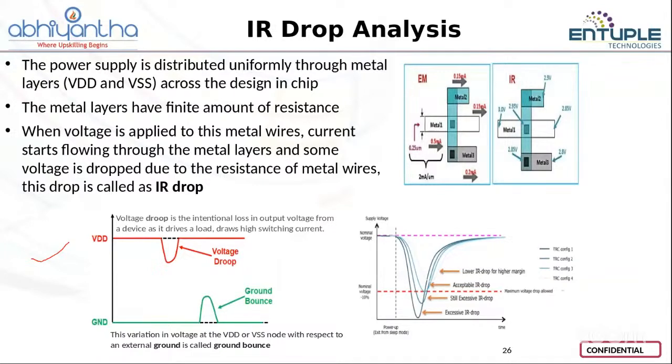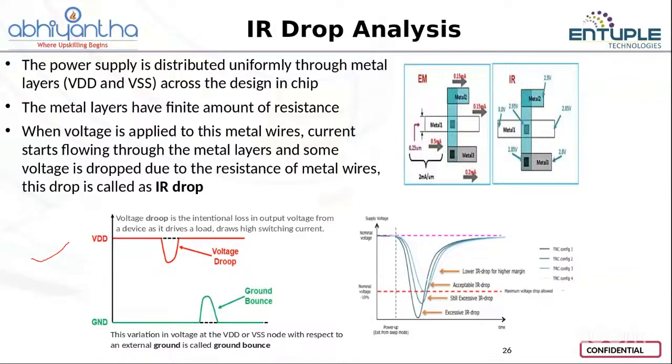The metal layers have a finite amount of resistance, and this resistance will be limited with respect to the area report, that is, the area power analysis, right?